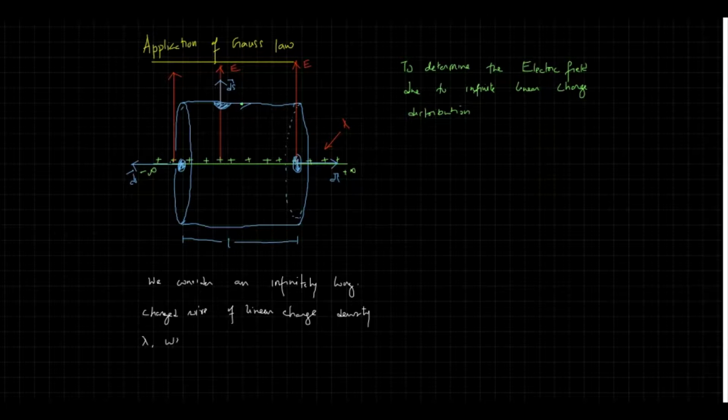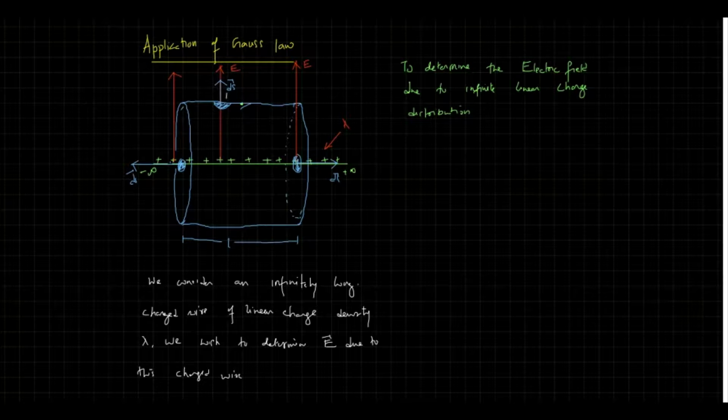We wish to determine the electric field due to this charged wire at a certain point P, say at R. So this is the distance R. This point is at a distance R from here.